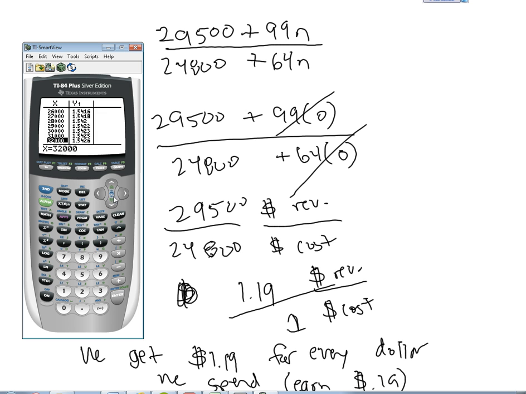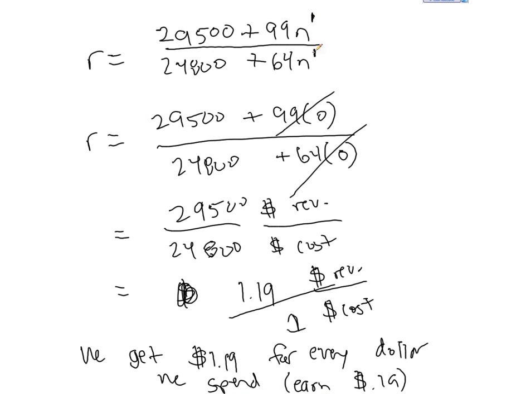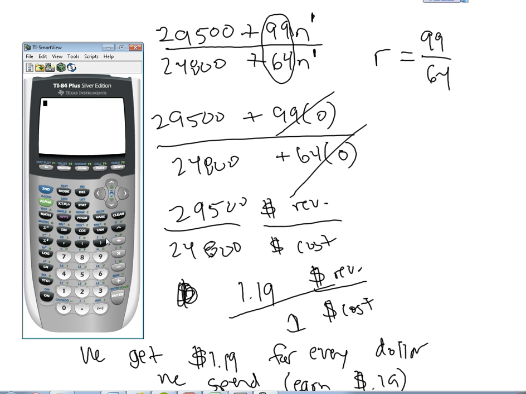So what's the stable point? Well, we know that if the order is the same in the top and the bottom, the highest exponent on the variables is equal, then the ratio of their coefficients will represent the horizontal asymptote.